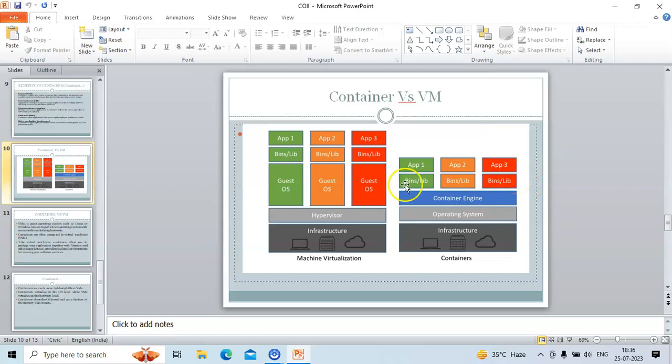In machine virtualization, all the hardware resources of a single physical system are being virtualized using a hypervisor among different virtual machines, where each virtual machine has its own operating system, its own applications and its own binaries and libraries, right?